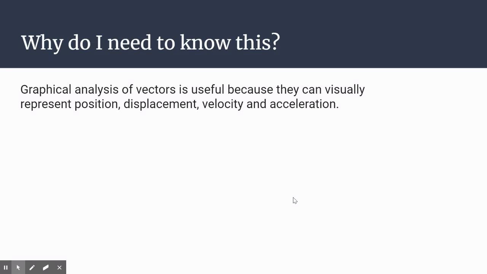Remember, those are our vector quantities that I talked about earlier. So that's why we need to know that. So if we have multiple velocity vectors coming from different directions and you want to know the resultant, well, there you go. You can draw it out with graphical analysis of vectors.